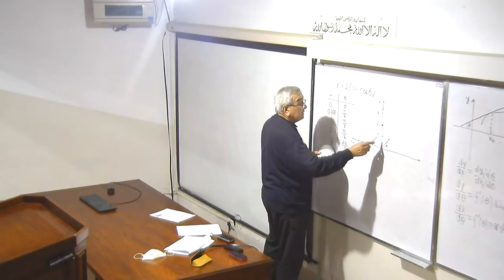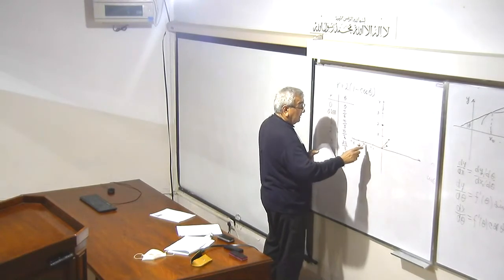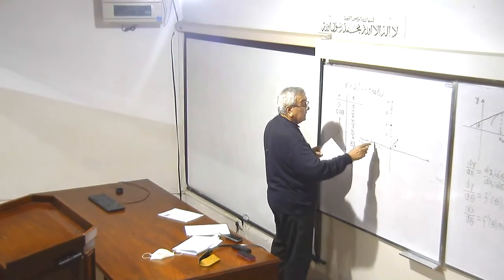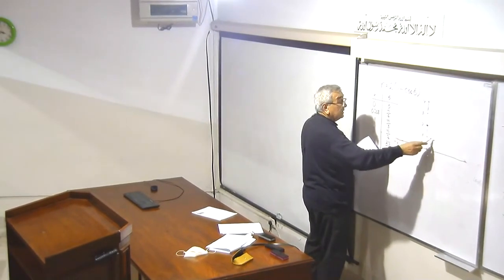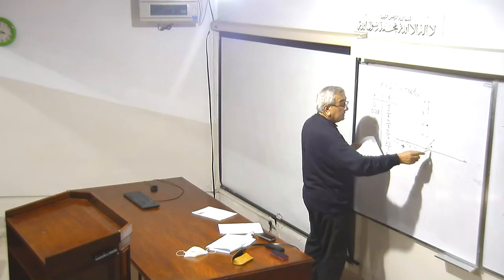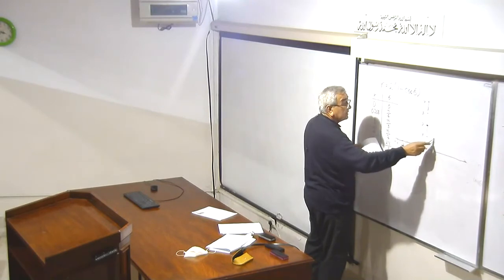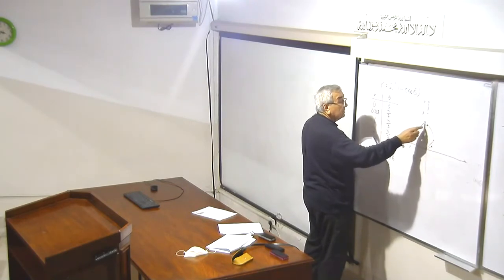Here the distance will be this. That means it increases, and then it is the opposite. That means it should be like this graph, if you plot.